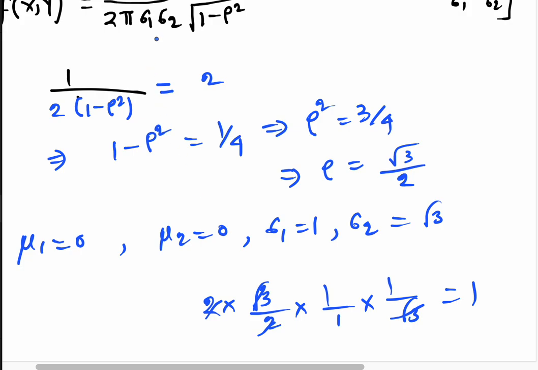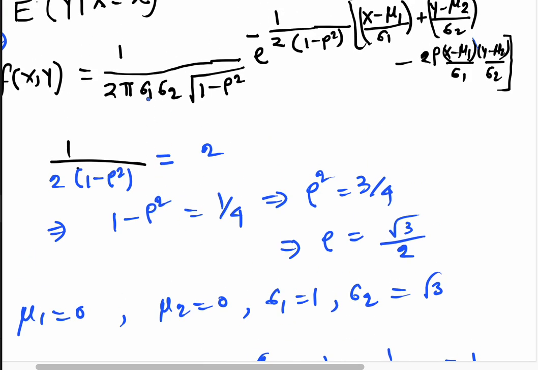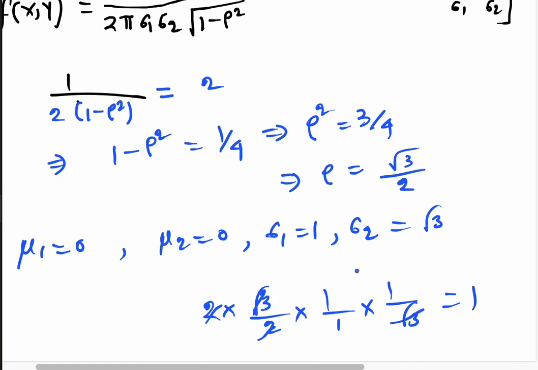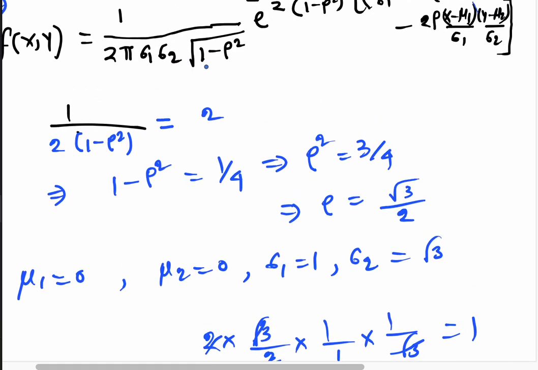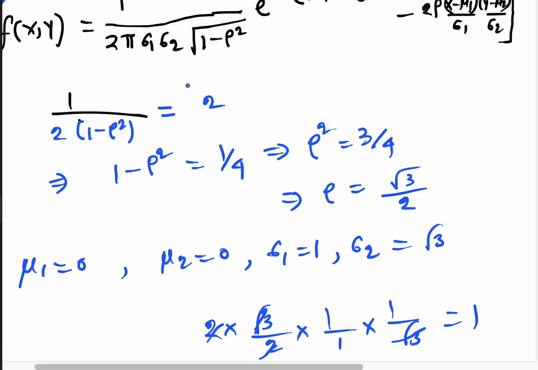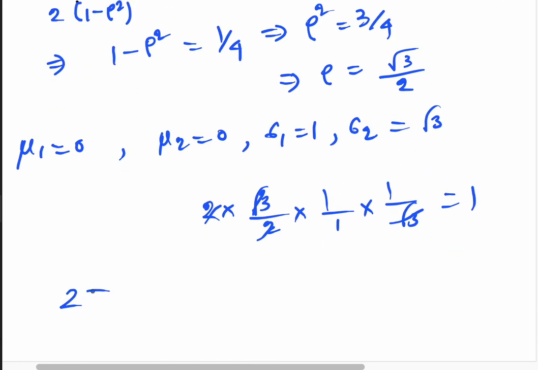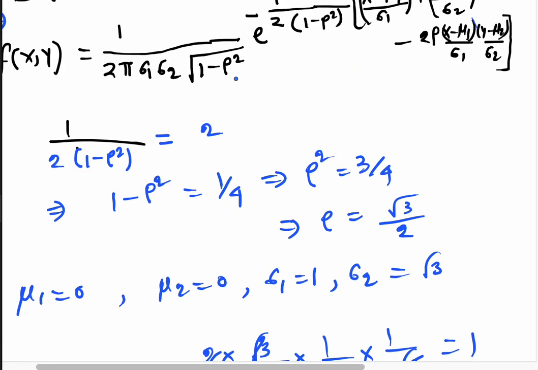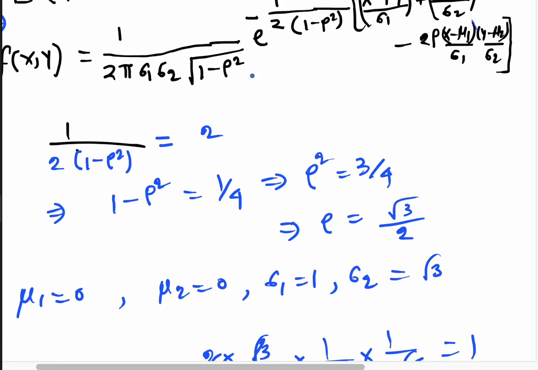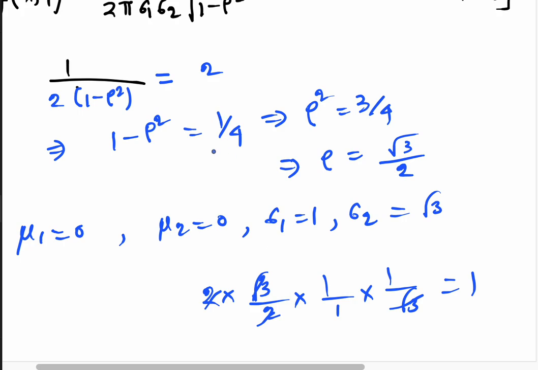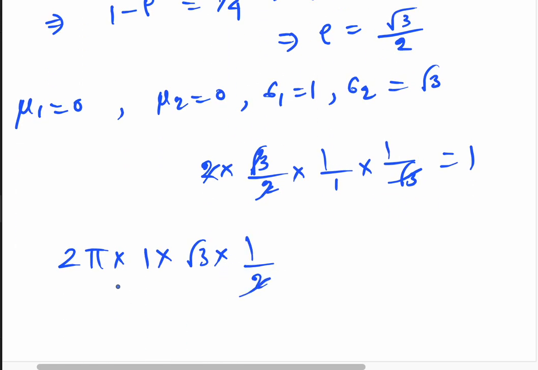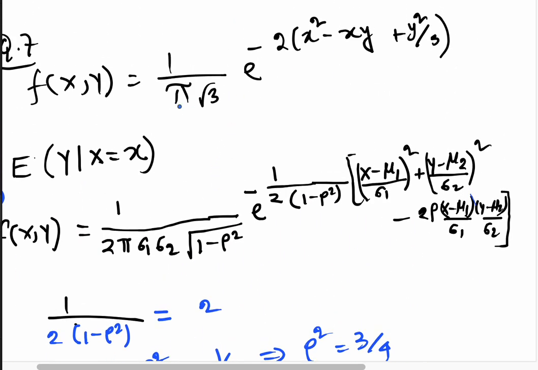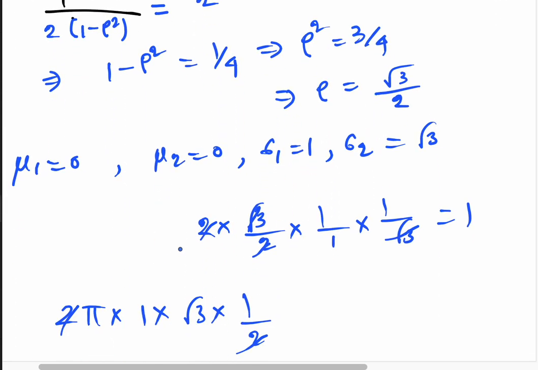Sigma 1 sigma 2 is root 3, and root over 1 minus rho square is half, so this is root 3 pi. We got all the coefficients we needed.